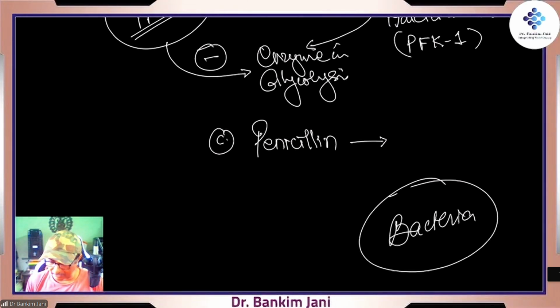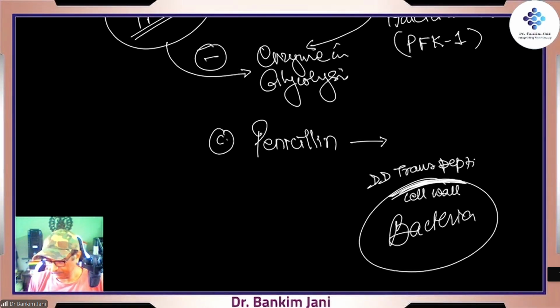Bacteria has a cell wall. For this cell wall to remain healthy, one very important enzyme is needed, called DD transpeptidase.